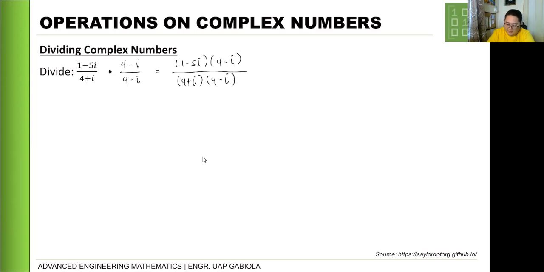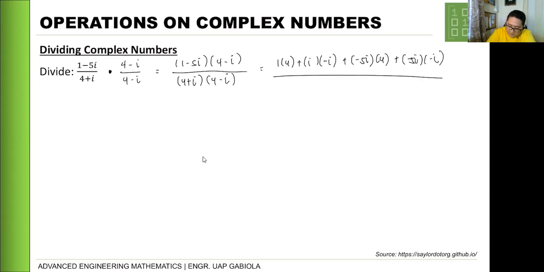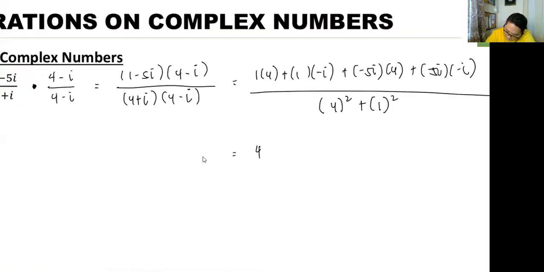Okay? So yung sa denominator, we can perform na simultaneously, no? So this can be 1 times 4 plus 1 times negative i plus negative 5i times 4, and then plus negative 5i times negative i over, ito gawin ko na lang yung product natin na a squared plus b squared. So 4 squared plus 1 squared. Okay? Simplify, we have 4. This one is 1 lang to, no? Okay.